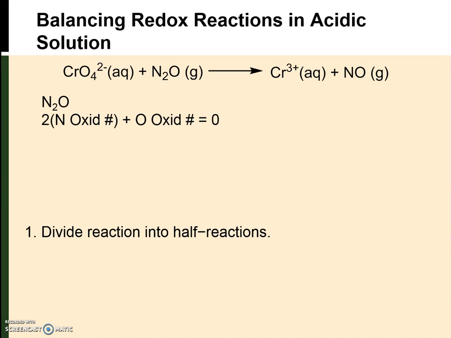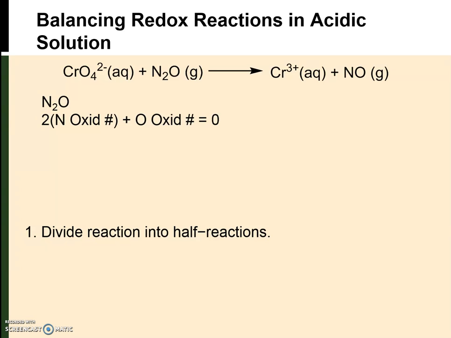So let's first look at N2O. N2O is a neutral molecule, so this means that the nitrogen oxidation number plus the oxygen oxidation number has to be equal to 0. If you look back to chapter 3, where redox reactions were first introduced, you might want to review the rules for assigning oxidation numbers.